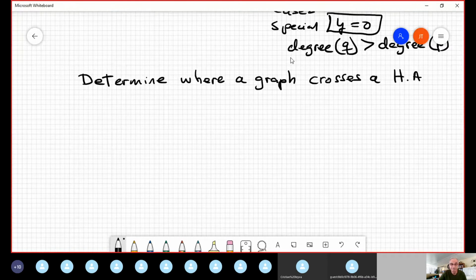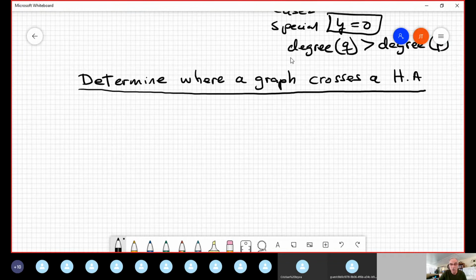Because sometimes it happens, not always. Suppose this is the graph, this is my rectangular coordinate system, x, y.